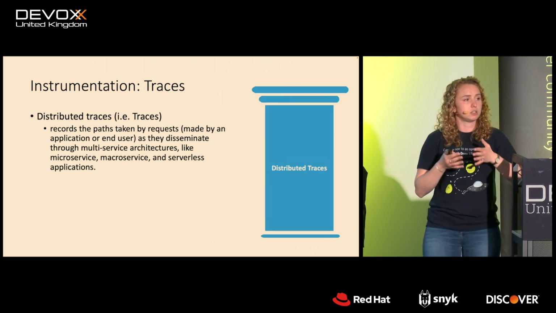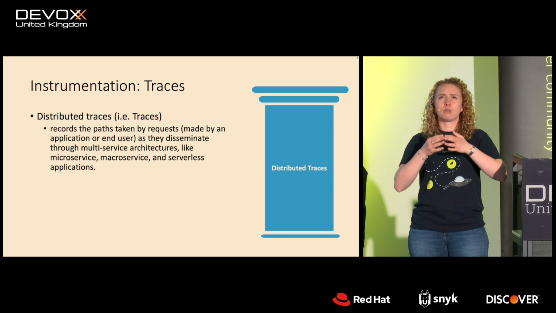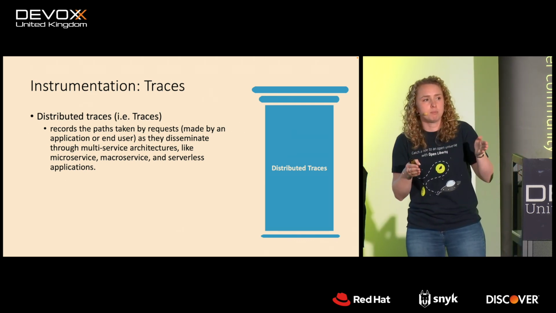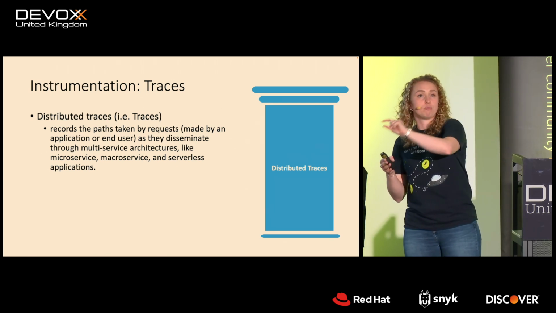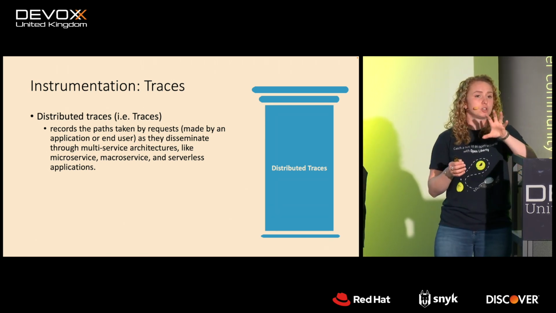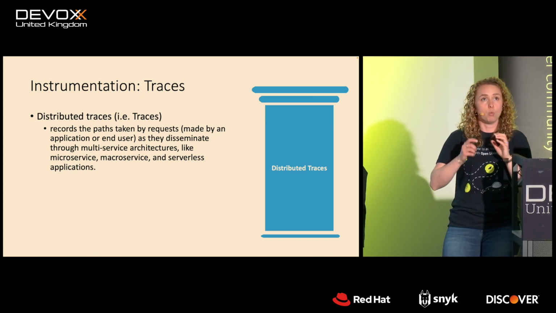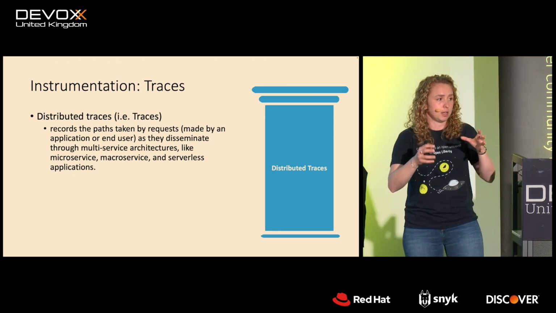So really allowing us to figure out, well, that request went wrong, but where did it go wrong and why did it go wrong? Where can I pinpoint in that request pathway what happened and what went wrong? So that's why traces are really useful and why they're needed in addition to just logs and metrics.